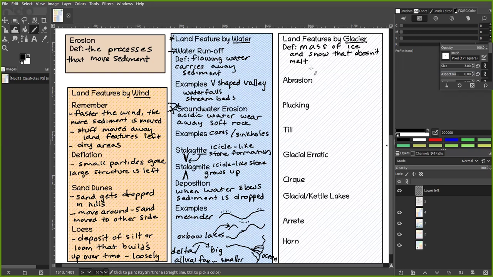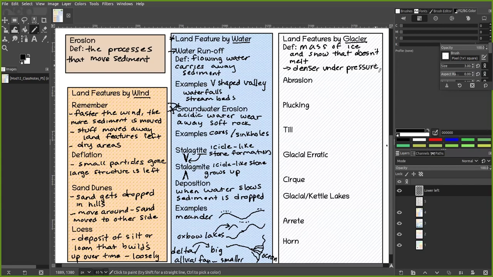And remember that it builds up and it builds up and it builds up year after year, and it doesn't melt, so it becomes much denser under the pressure of all that water and ice. So when it becomes denser, it becomes even harder for it to melt.